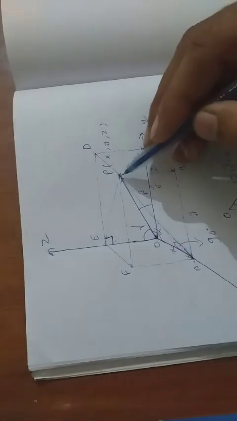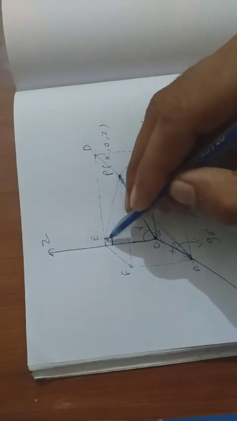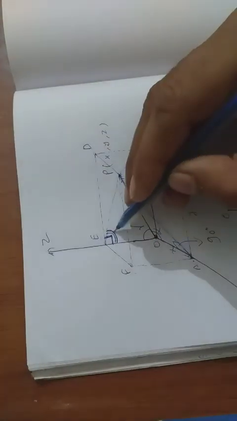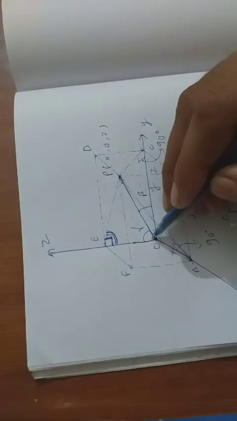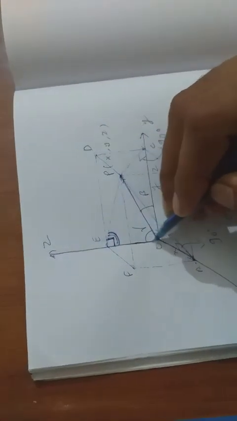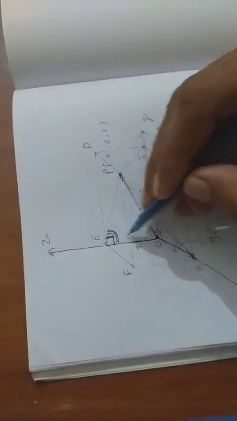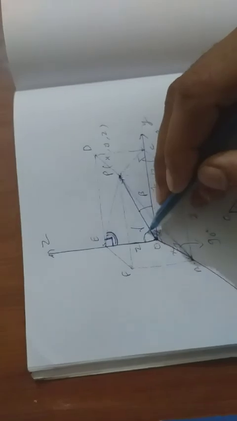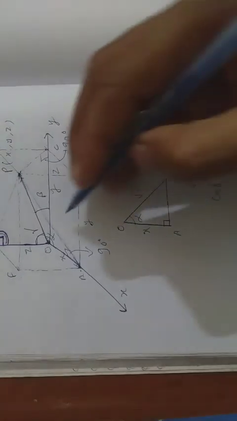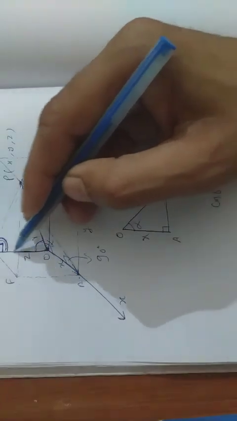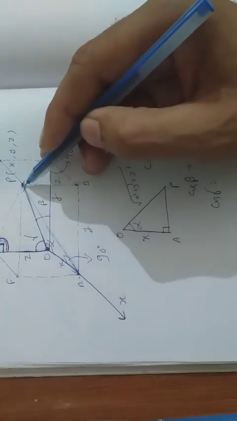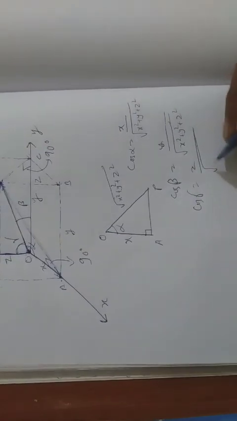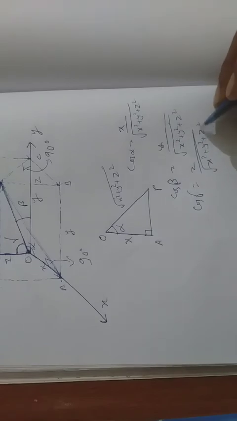So this angle is 90 degree. So if we take triangle PEO, then OE is z unit and OP is root x square plus y square plus z square. So cos gamma will be equal to base z upon hypotenuse root x square plus y square plus z square. So cos gamma is equal to z upon root x square plus y square plus z square.